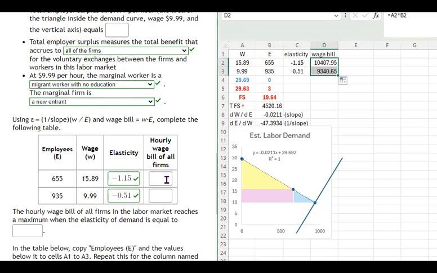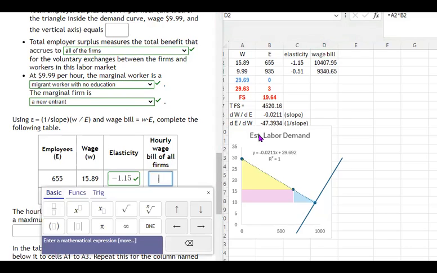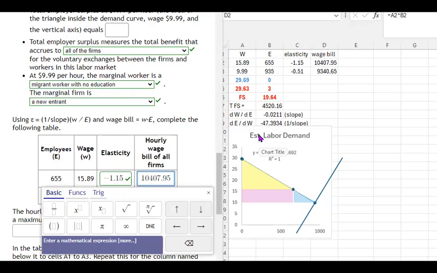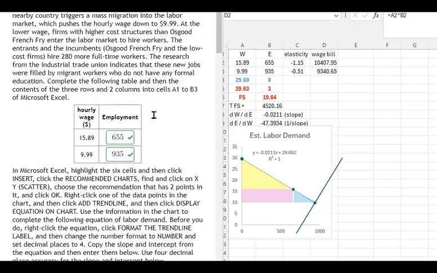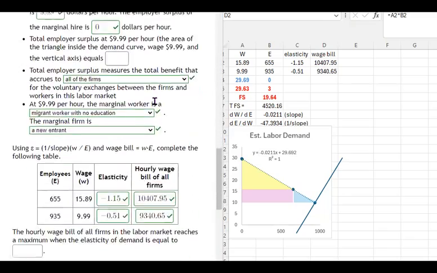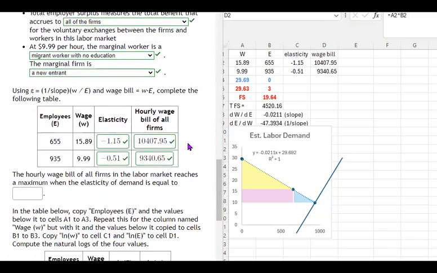So the wage bill at 1589 was 10,407 and 95 cents. Their wage bill dropped. They cut their expenses to $9,340.65. Okay.